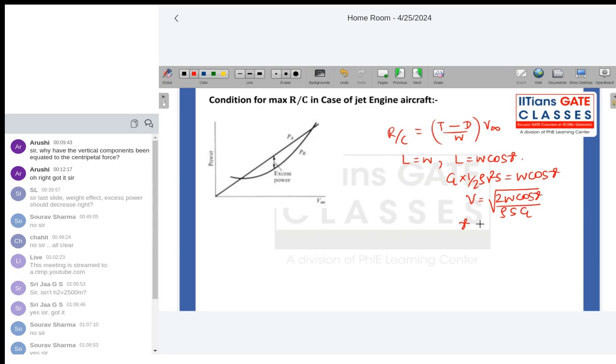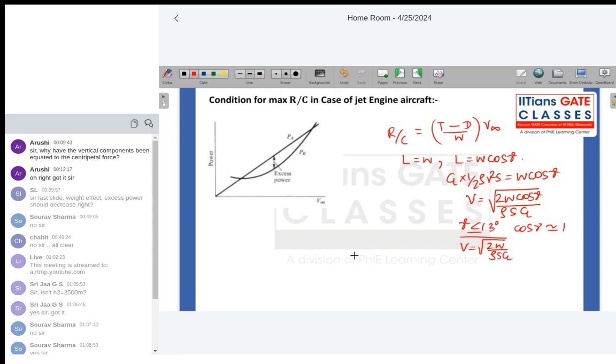For gamma less than or equal to 13 degrees, generally cos gamma will be approximately equal to 1, because it will be around 0.99. So velocity can be written as root of 2W by rho S CL.